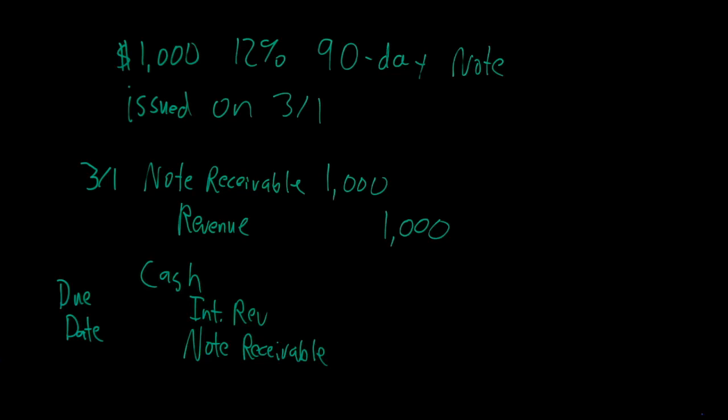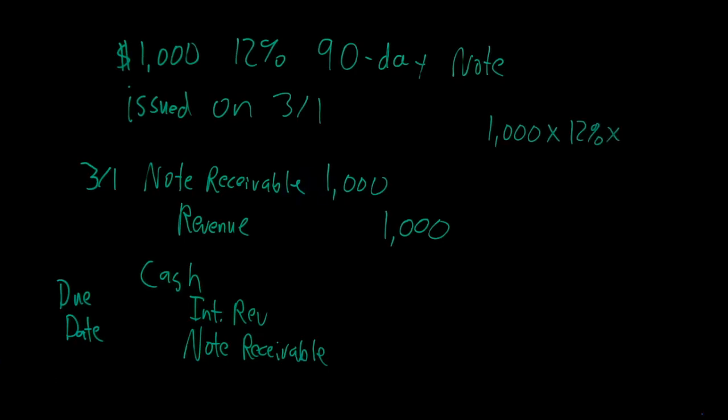So our interest calculation, and it's a formula that we could utilize, is we're going to take the principal, which is $1,000, times the interest rate, which is 12%, and then we're going to have to convert that into the amount of days.